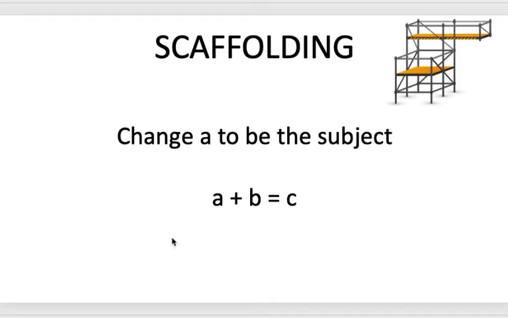So I want to end up with A is equal to, rather than C is equal to. I need to get rid of B from this side, and this would then leave A by itself. So to get rid of B, let's make it 0, so I'll take it away. And I end up with C minus B, because whatever I do to one side, I have to do to the other to keep them equal.